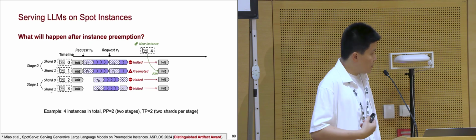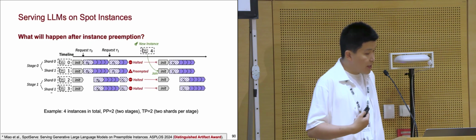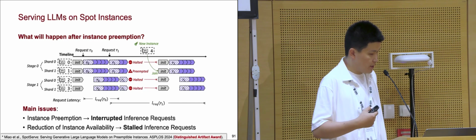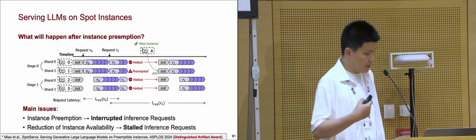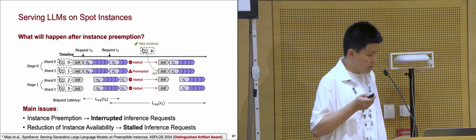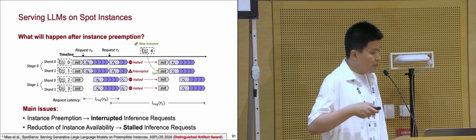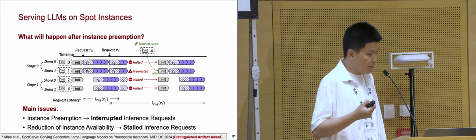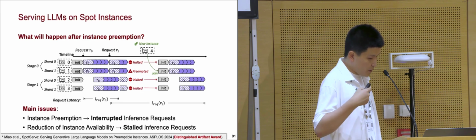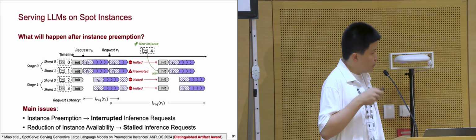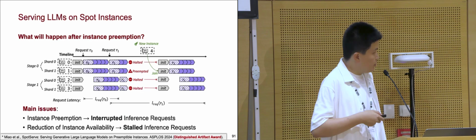And when we start the serving system, the request will be calculated by these instances following the pipeline dependency. For example, in this case, the preemption happens at a certain timestamp, and what will happen now? The problem is that the inference request R1 will be interrupted.